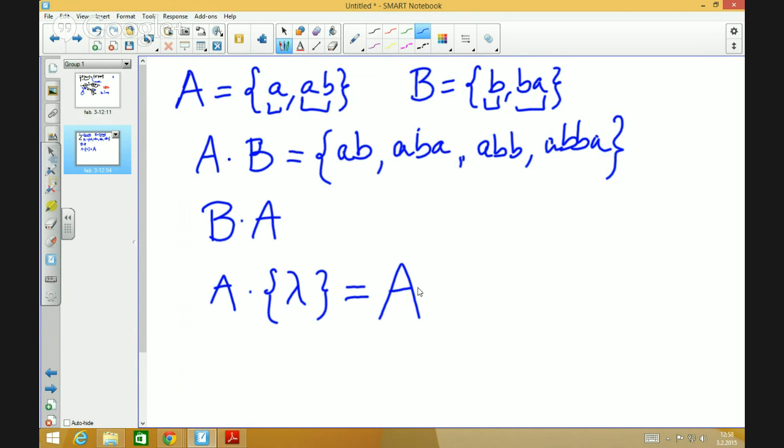But if you write nothing after it, you just have the same string you started from, which is in A anyway. So you get exactly A. And in this case, I could actually do it the other way around. Because if I write nothing before or after a string in A, it doesn't really matter. I add nothing to it, no matter whether I do it before or after. I do nothing, then I write my name. It's the same as I write my name and then I do nothing. I've only written my name.